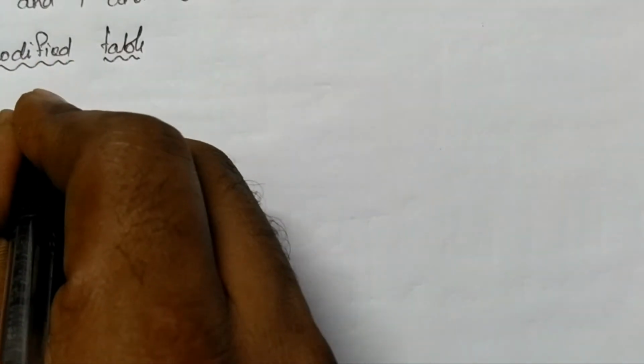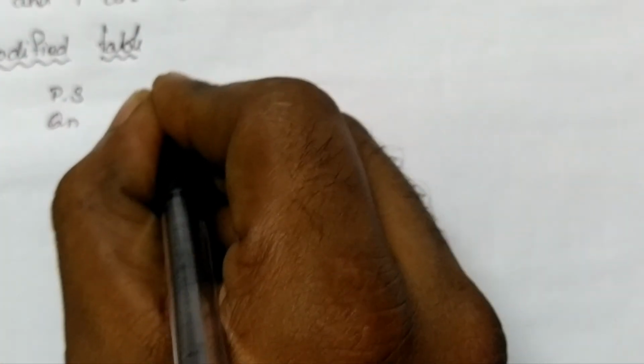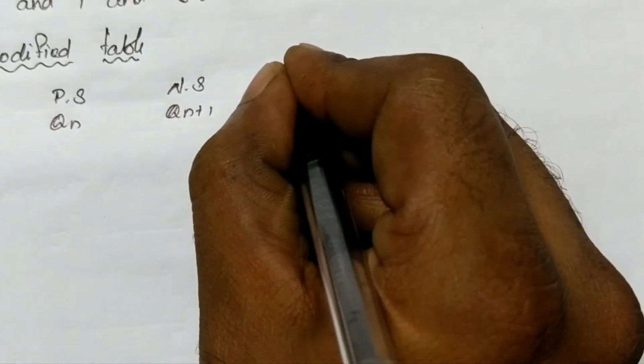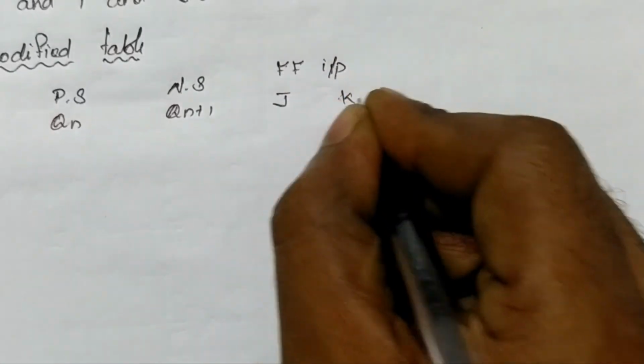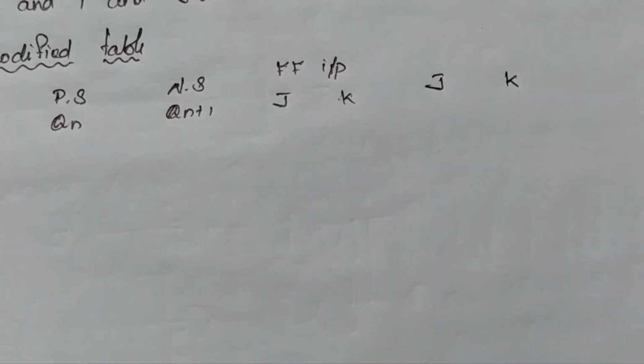Next we will go for the modified table. So here we will have the present state Q N followed by the next state Q N plus 1 followed by the flip-flop inputs J as well as K. From this we will have a derived column which has the J and K values.